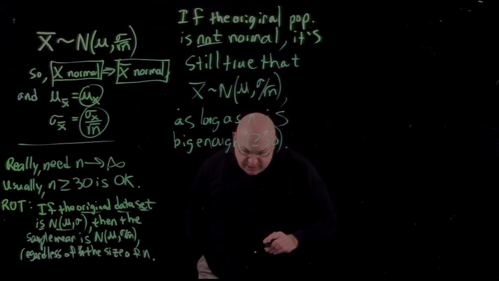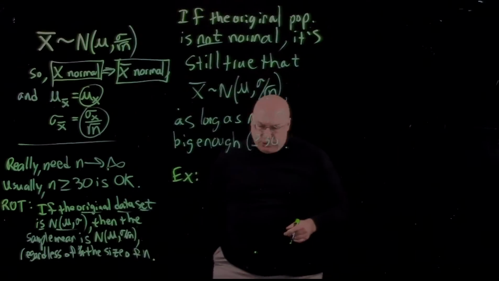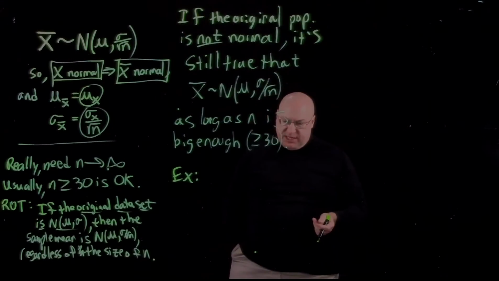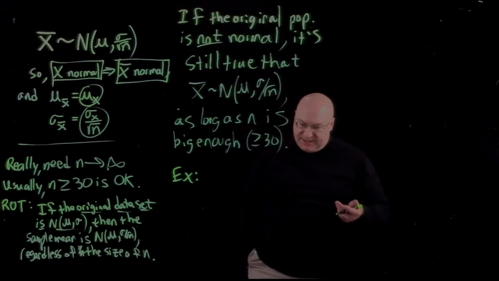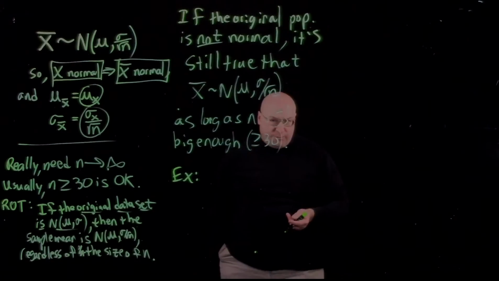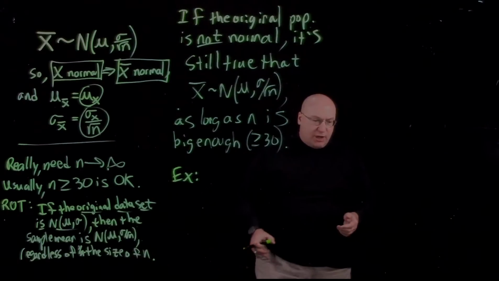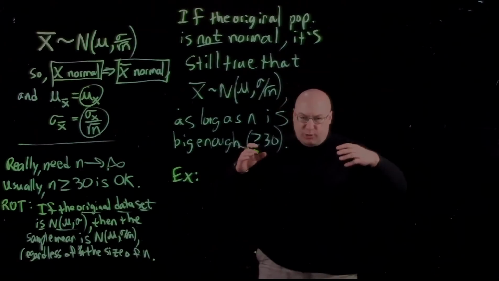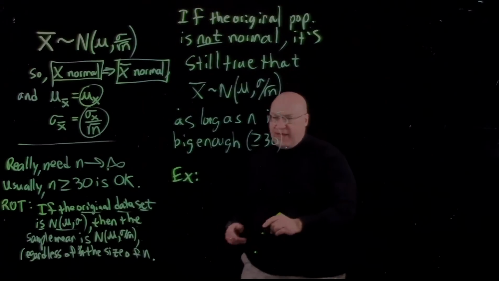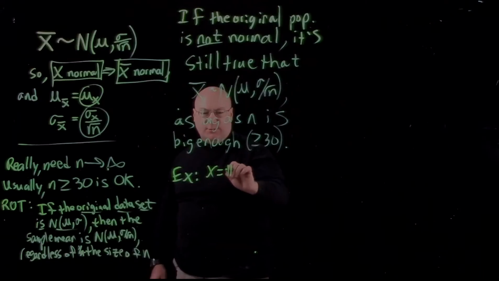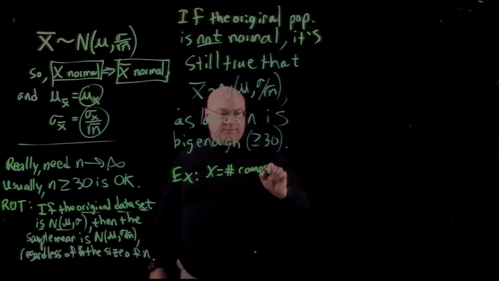So here's my example. Suppose we toss a fair die 50 times, keeping track of the number that comes up each time. What is the probability that the mean of those numbers will be greater than 4? So what I'm talking about doing is thinking of the random variable x being the number that comes up. So x equals the number that comes up.